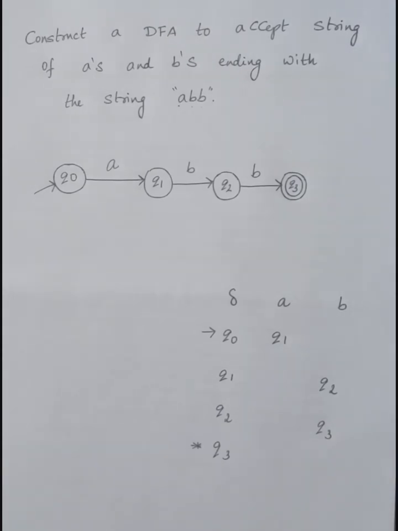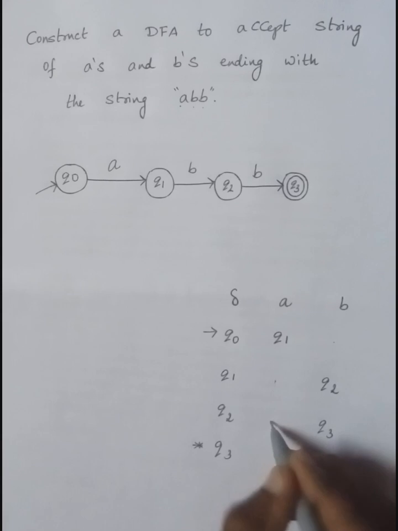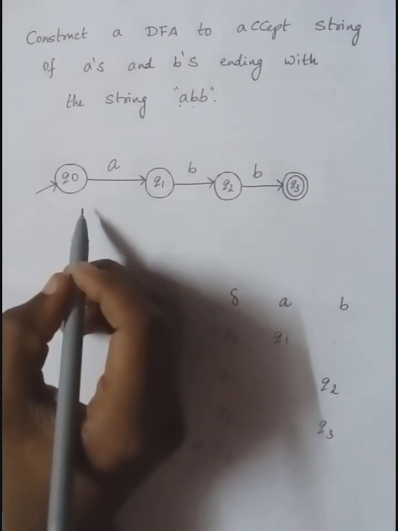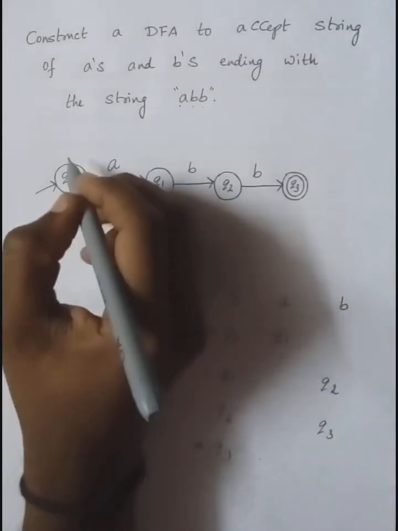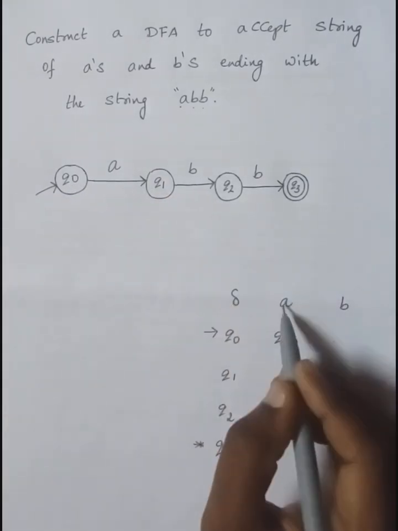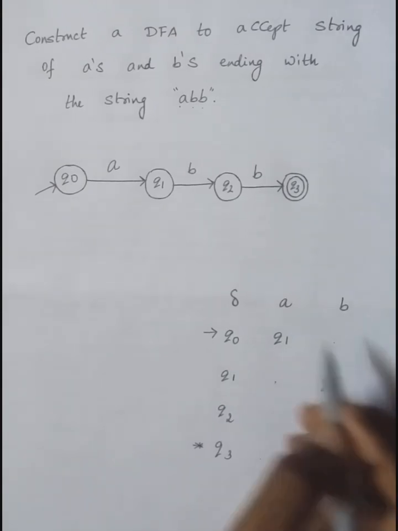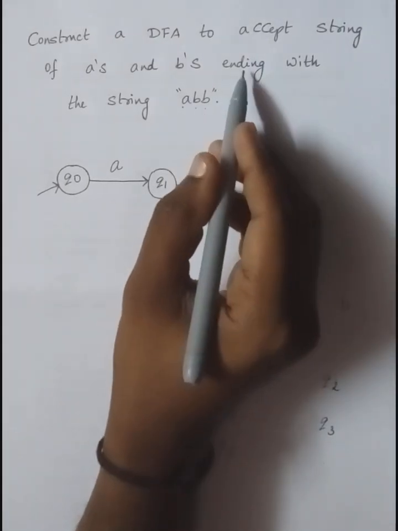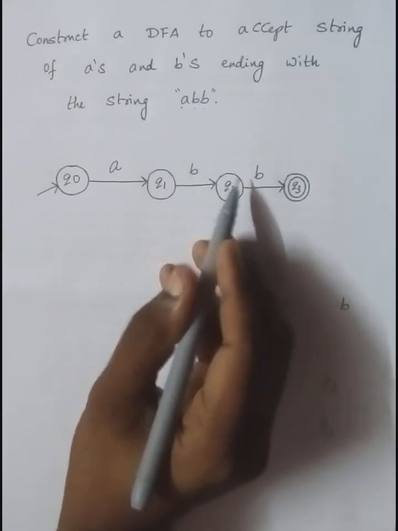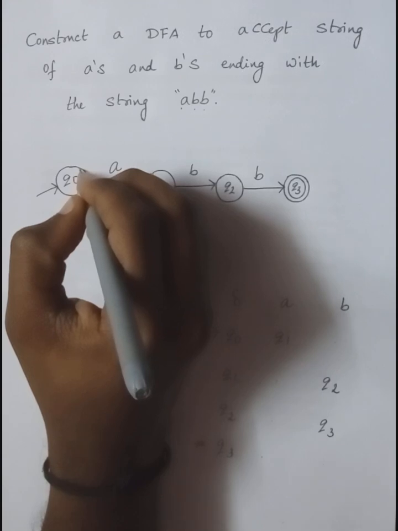Okay, so now we want to fill out the other part of the transition table by drawing the continuation of the DFA. So now first we'll see for the Q0. For Q0 already we have one input A and we are not doing for input B. As our condition says it's ending with the input A, B, B, there is no restriction for the starting condition.